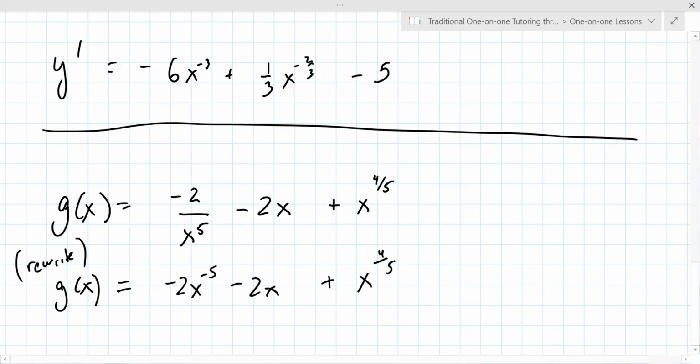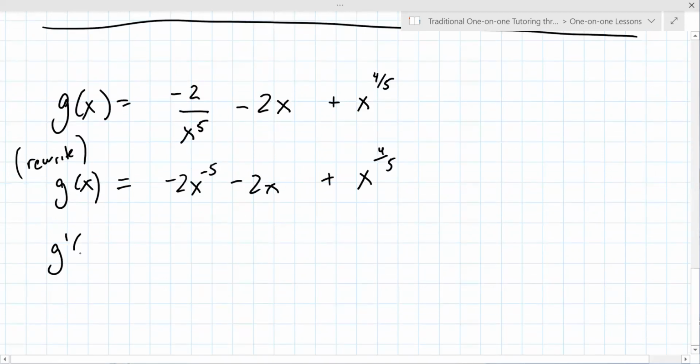Okay. Now you can take a derivative. g prime of x. Yeah, g prime of x or g-x prime. It doesn't really matter. That's notation.